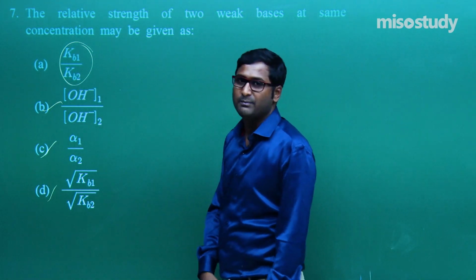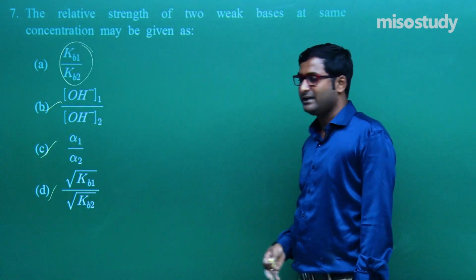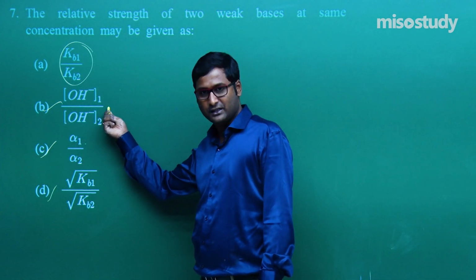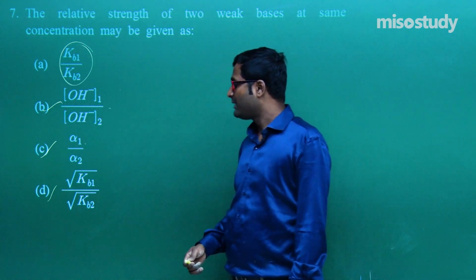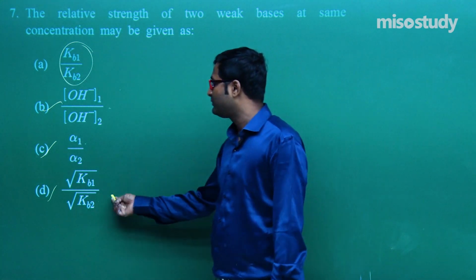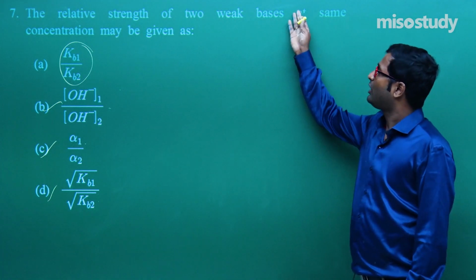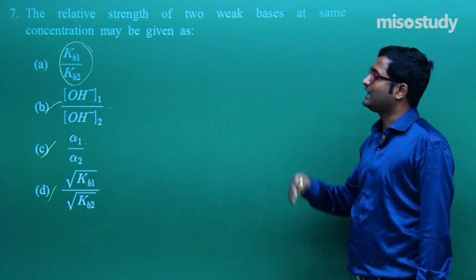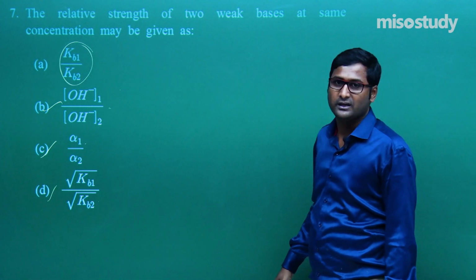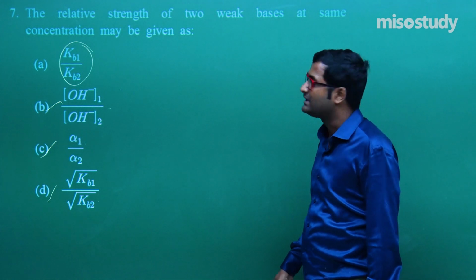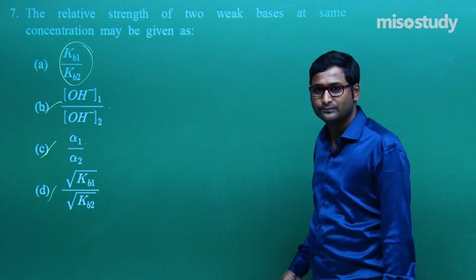B, C and D, this is a multiple choice question: in terms of degree of dissociation, in terms of concentration of OH ion, in terms of the value of the equilibrium constant. Clear to you? Relative strength of two weak acids at the same concentration. If you have any doubt, you can easily approach me. This is a completely theoretical question. Clear?